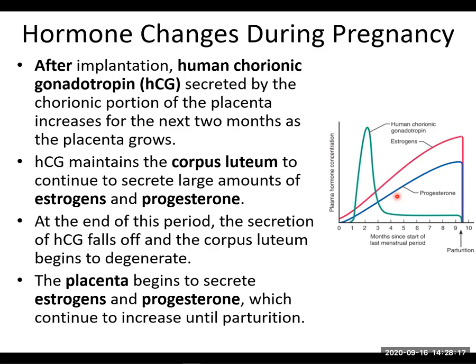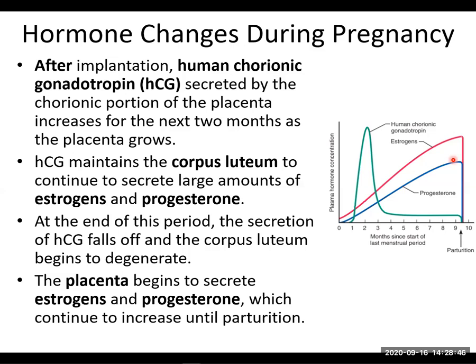The placenta is growing with the baby, getting bigger and bigger, so we will have an increase of progesterone and estrogen throughout the entire pregnancy. So these three hormones are important. HCG peaks at 2 months. Estrogen and progesterone continue to increase throughout the entire pregnancy.